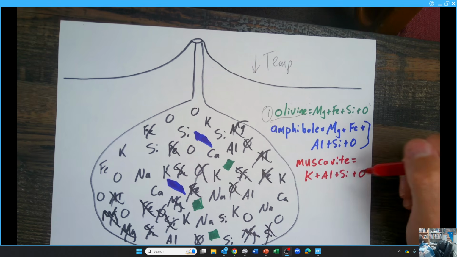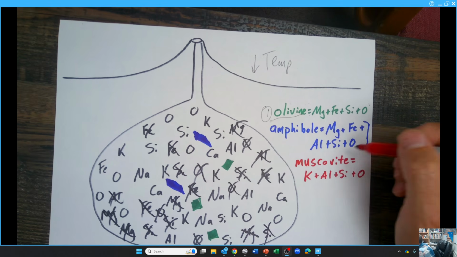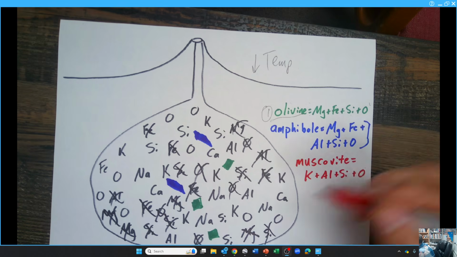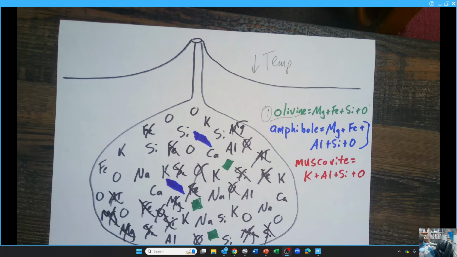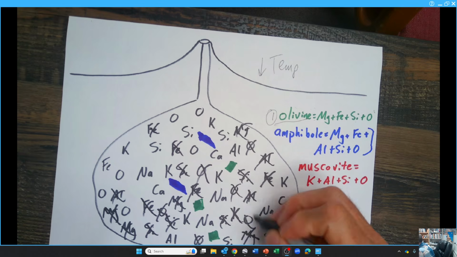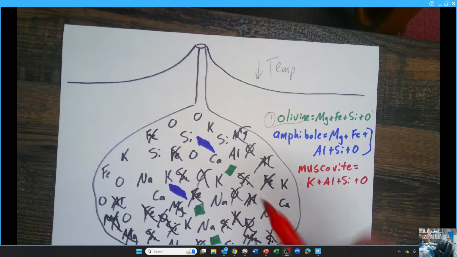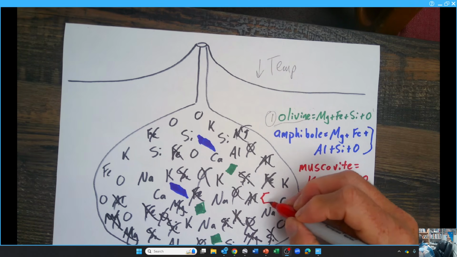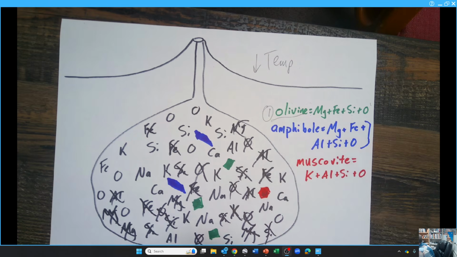Eventually we get to other minerals that don't even need some of those first ingredients. So we might get to muscovite, which needs some of the potassium, the aluminum, the silicon, and the oxygen. And so then we can start making fun little muscovite mica crystals.